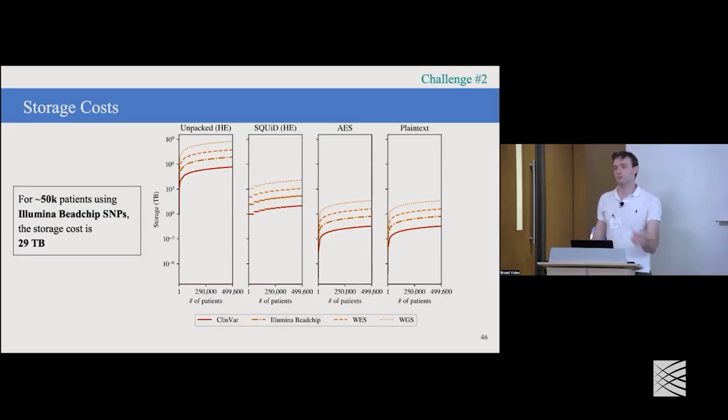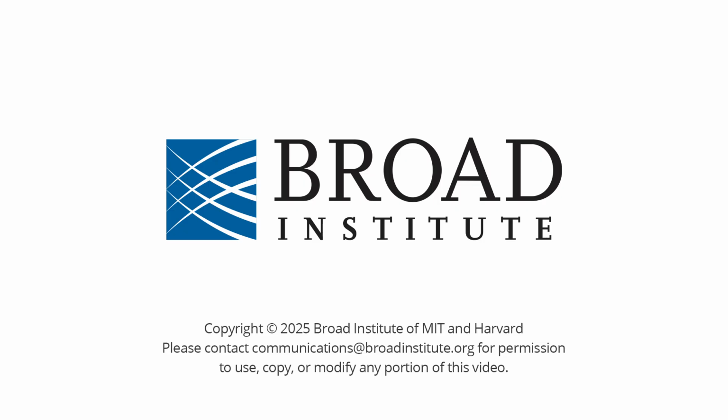For the GPU example, you could load those onto the GPU and then perform the analysis. Those ciphertexts individually are still quite large, because you have basically one ciphertext for almost all of your patients in your database. Thank you. Okay, thank you.